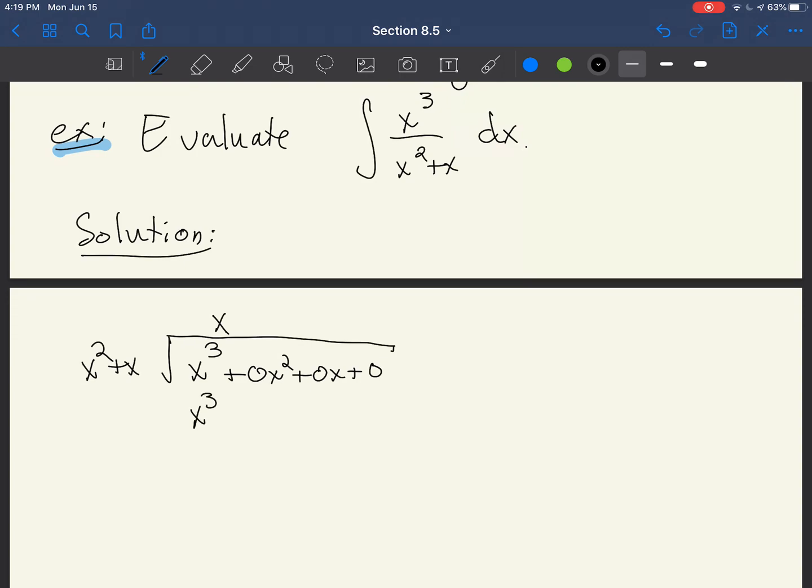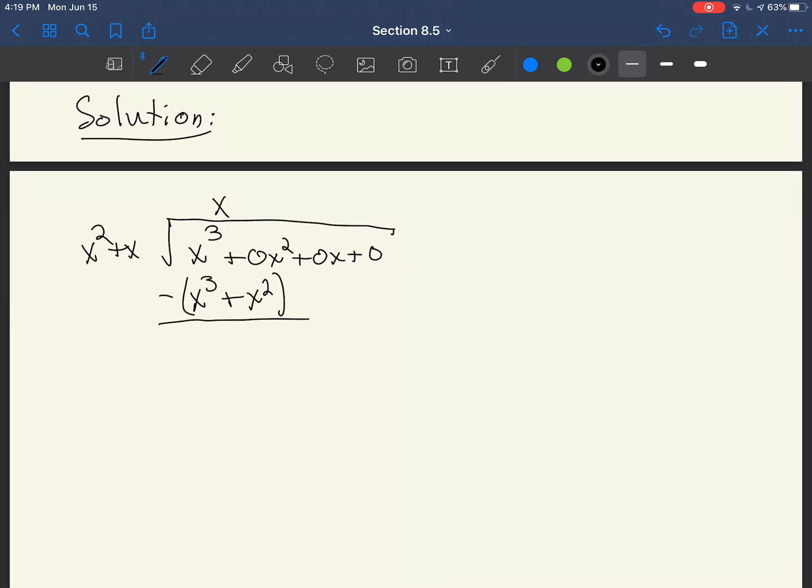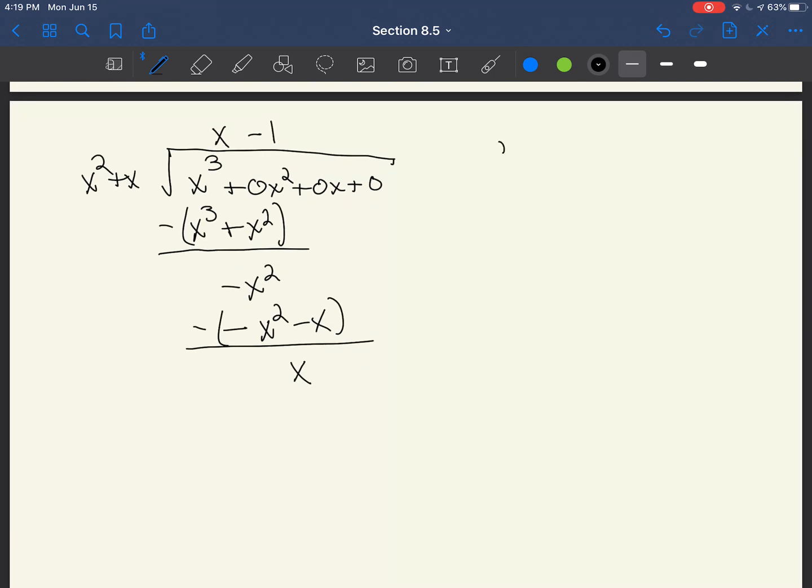X squared goes into x cubed x times. So that would be x cubed plus x squared being left over. Subtract that off. You're left with negative x squared. X squared goes into negative x squared negative 1 times. So that's negative x squared minus x. Subtract that, and you're left with an x.